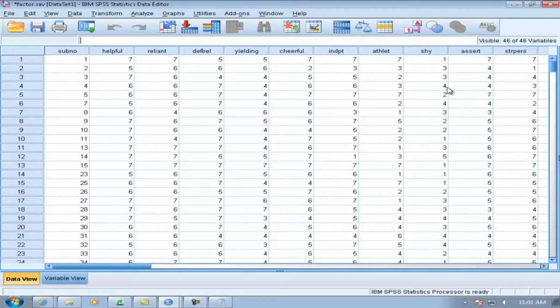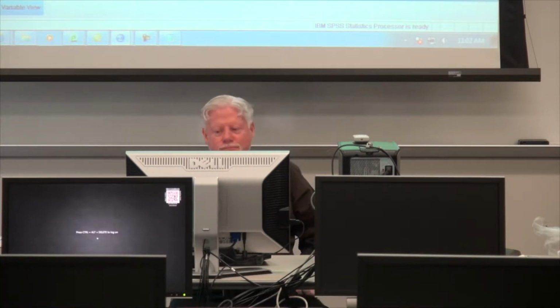See this 4? It made it missing, so I have to do both. 4 is a 4. You used to not have to do this. This is only with the new one. With the old SPSS versions, like SPSS 19.0, 18.0, you didn't have to do this. Now you have to enter the 4 too. So that's a boo.